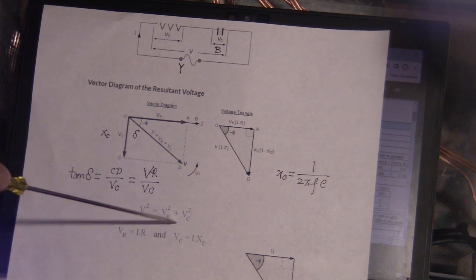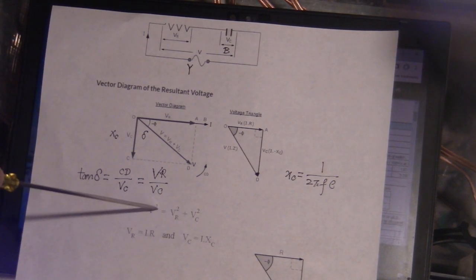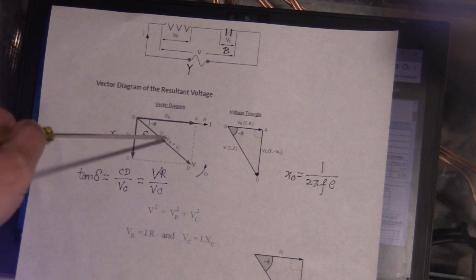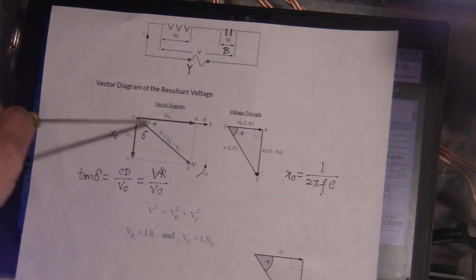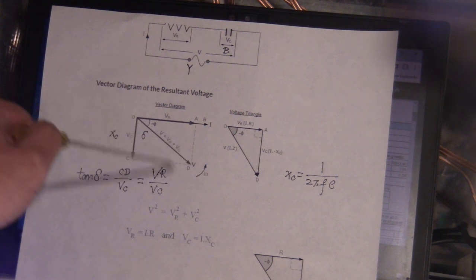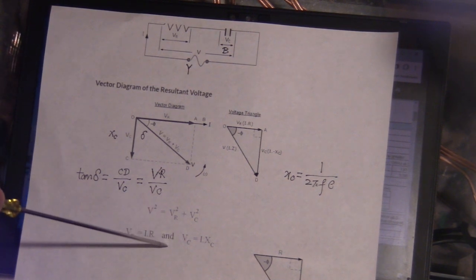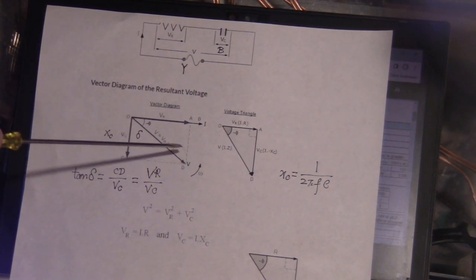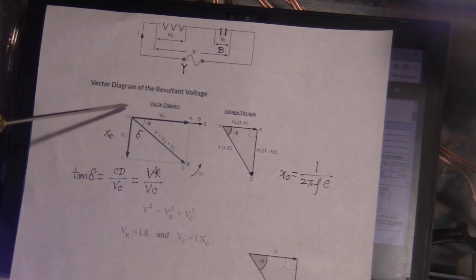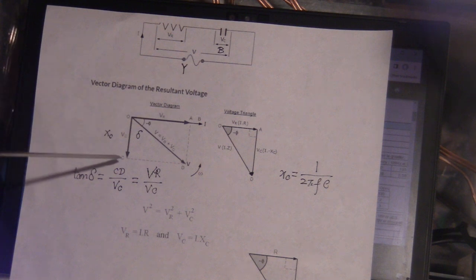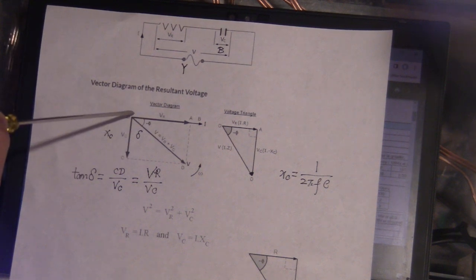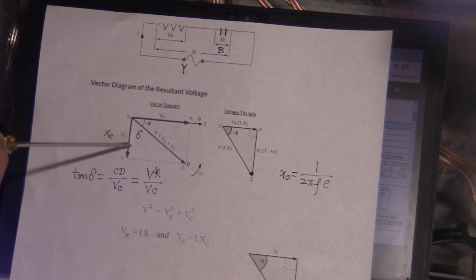If we put it in this equation, then we can get the value of the total voltage. But now we're not doing the value, we are doing the vector. XC caused the VC drop.